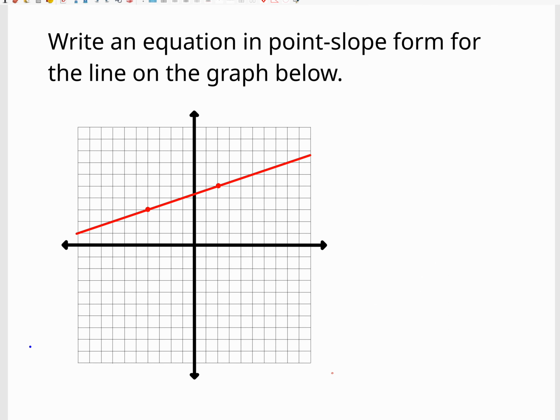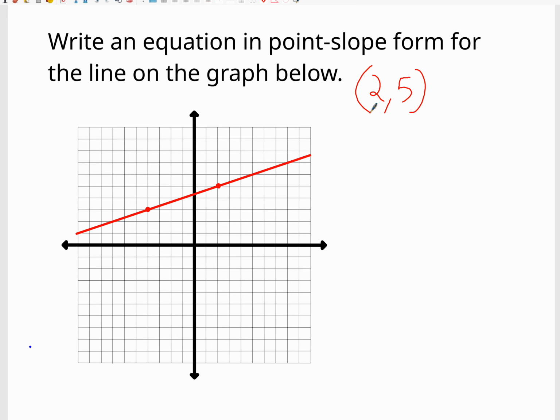All right, how about this? Write an equation in point slope form for the line on the graph. Again, it's handy because the y-intercept is going to be kind of hard to figure out on this one without doing some other work first. But I can find one point and I can find the slope really easy, right? So give me an ordered pair. 2, 5.